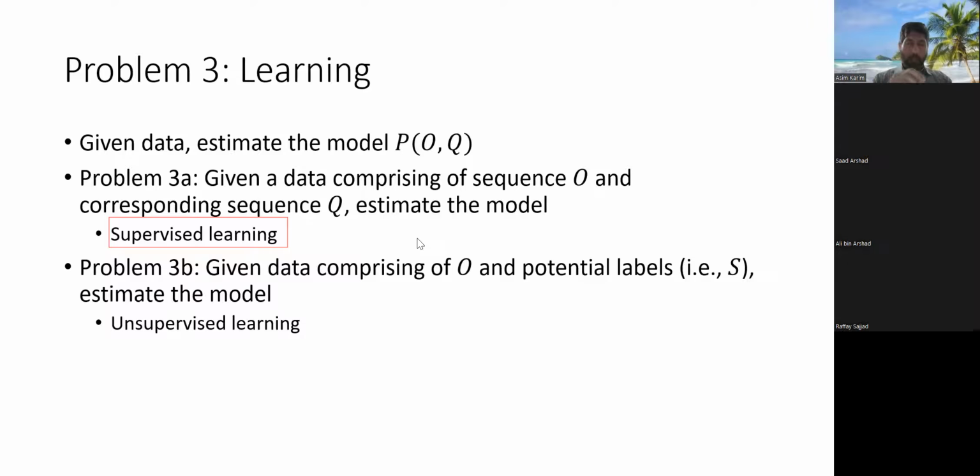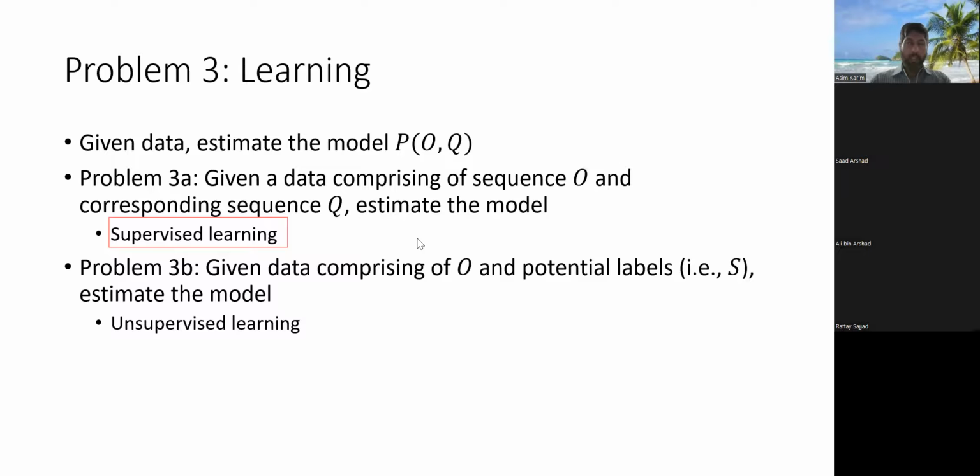Your corpus has sentences like "I study at LUMS," which is O, but for each word, we also have the Q. So I would be pronoun, study would be verb, at would be preposition, and LUMS would be noun. So we have a labeled data set, and from this data set, we would like to learn the model, which is, of course, the joint over O and Q. So this is supervised learning.